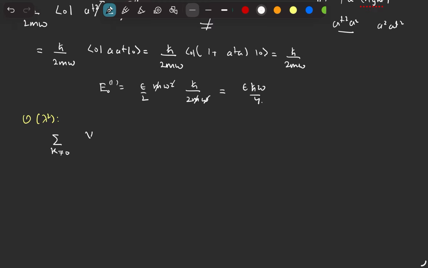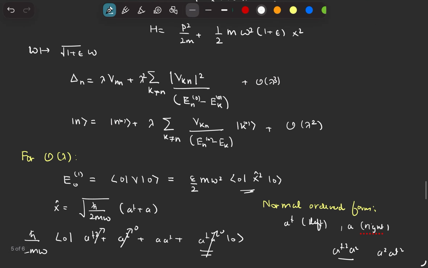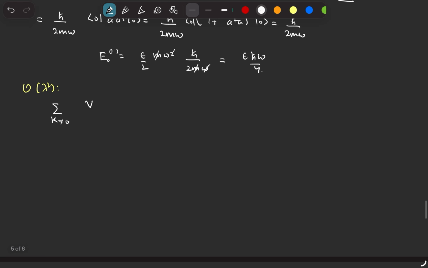You are supposed to compute this matrix element, your k 0, this has to be whole squared, and e0 0 minus e0 k, right? You are supposed to calculate this.